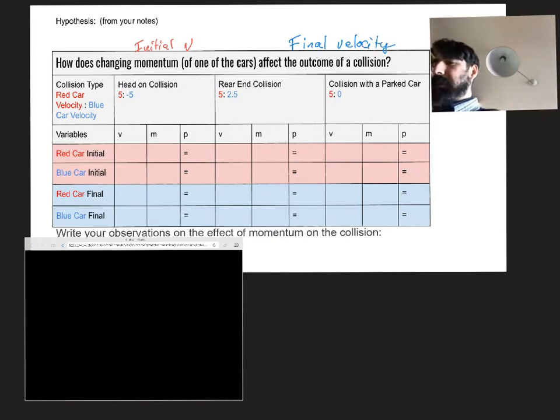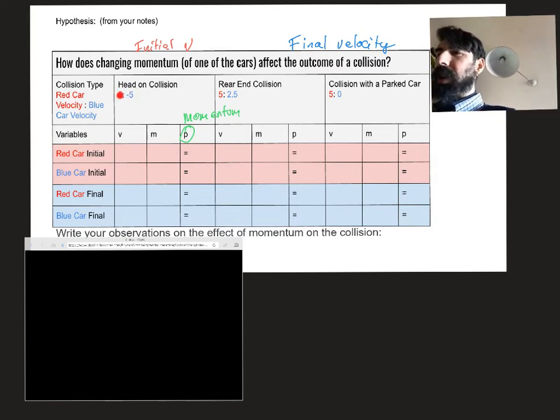We will then be able to calculate the final momentum. That's this. So, check it out. I'm going to start by looking at the setup for this head-on collision.